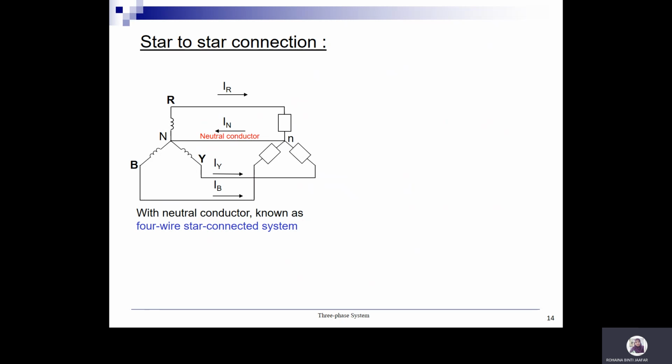So star to star connection. You can see this is your red, yellow, blue phase for the generator or alternator, and then this is your load. This is the current flow for each phase. And then you have the neutral conductor. With a neutral conductor, it is also known as a four-wire system. This is your neutral point.